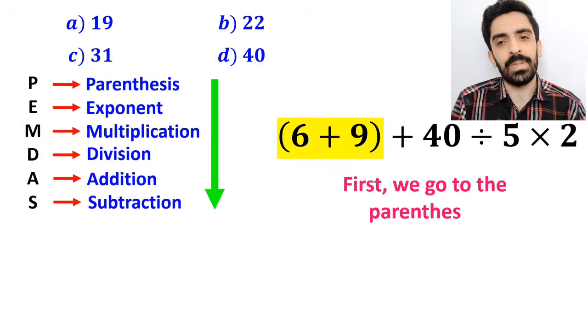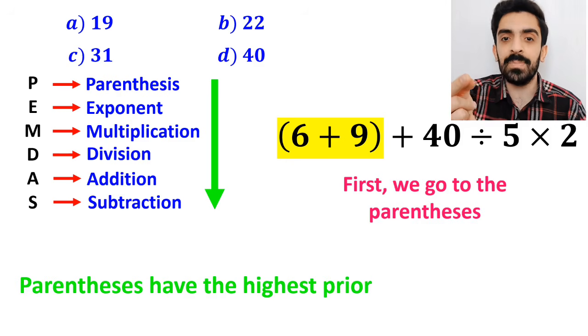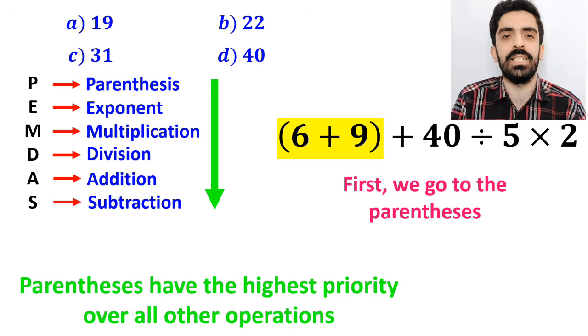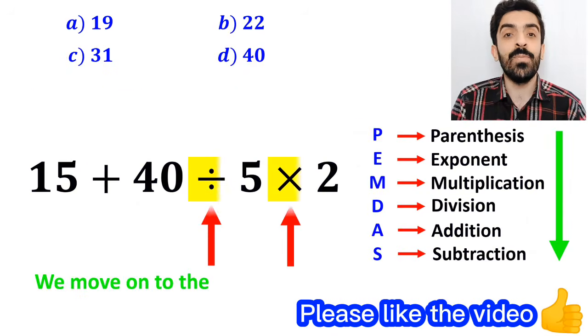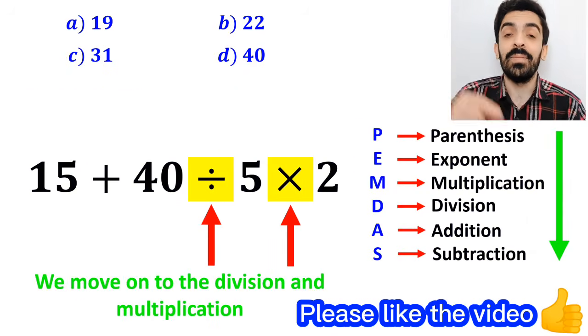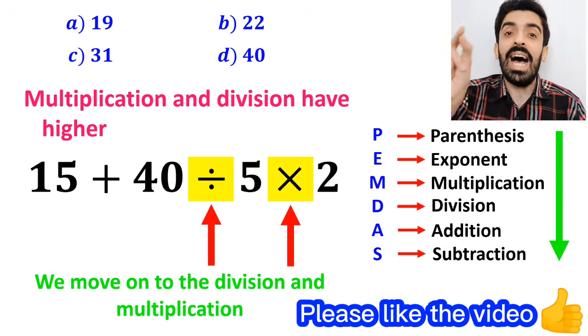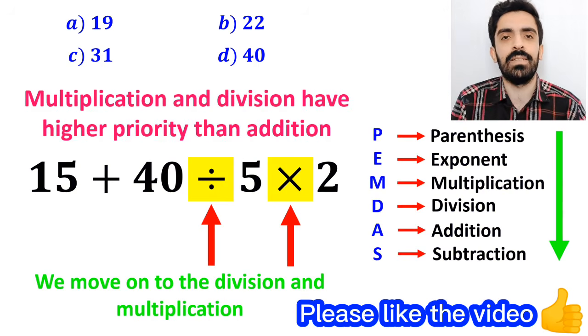Okay, first we go to the parentheses, because according to the PEMDAS rule, parentheses have the highest priority over all other operations. So, we can write this expression as 15 + 40 ÷ 5 × 2. In the next step, we move on to the division and multiplication, because multiplication and division have higher priority than addition.